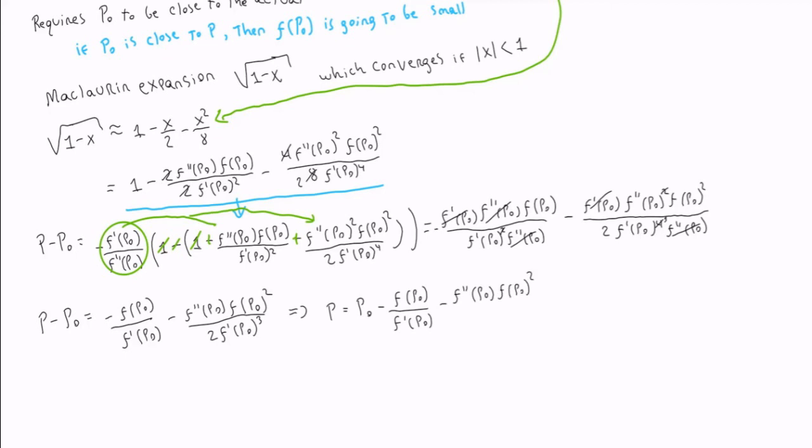So we move the p sub 0 to the other side, and then p sub 0 is our initial guess, and we do the initial iteration with our initial guess, and on the other side of the equal sign we have p, which is what we are going to get eventually.